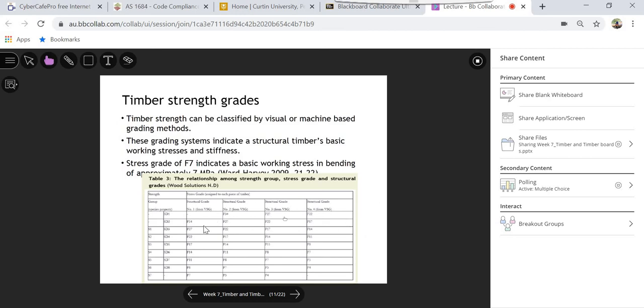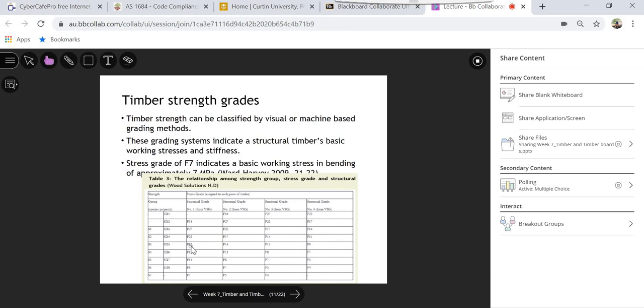But for other grades, for example, imagine we have a particular timber species belonging to S3, and one piece could be F17, another piece could be F14, and another F11 according to the visual grading.